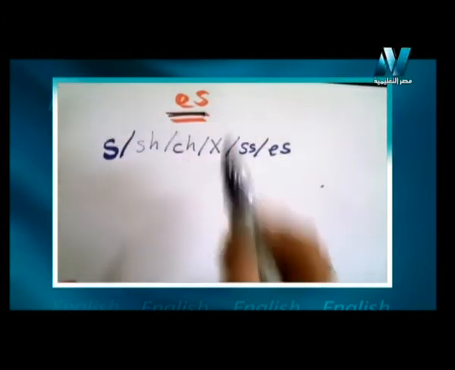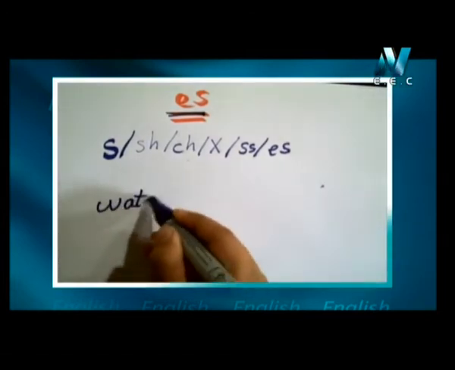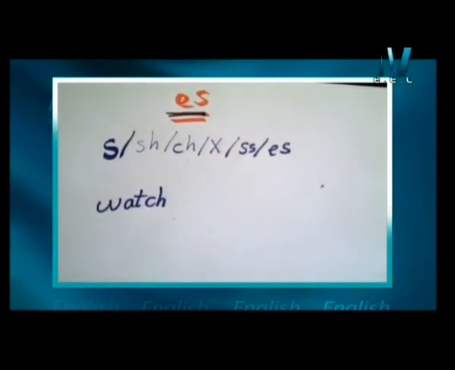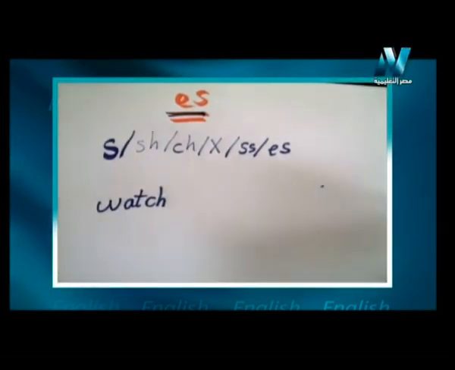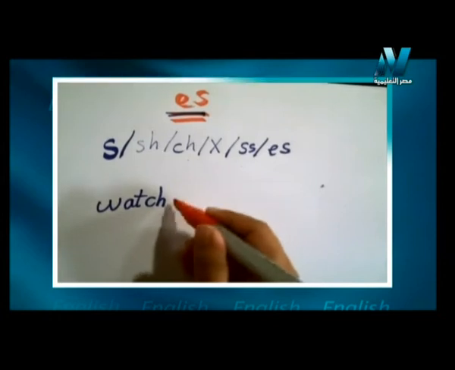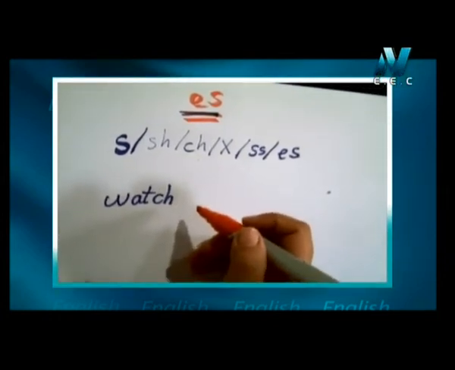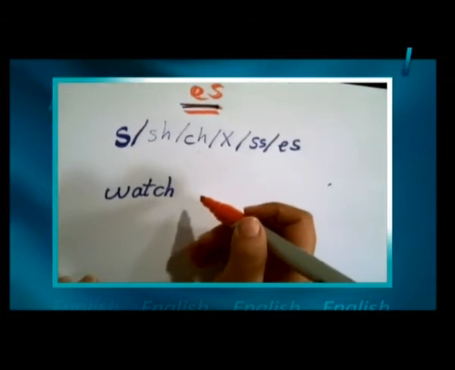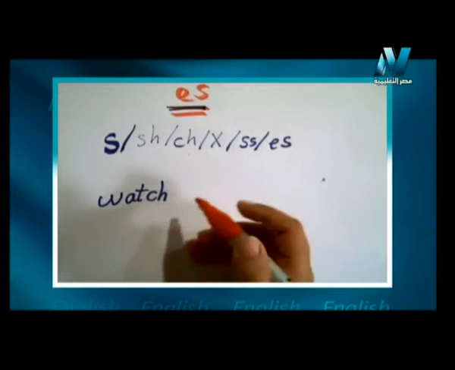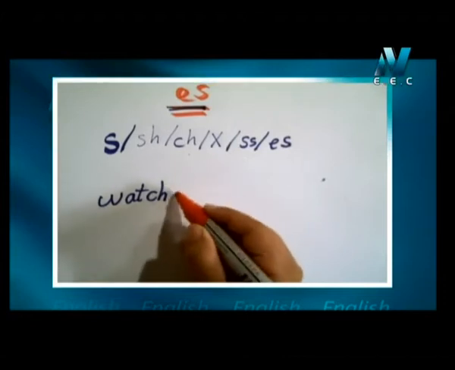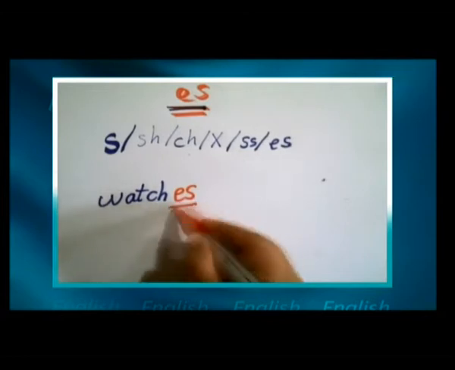Let's have an example. For example, when I say watch, watch اللي هي ساعة اليد, if I'm going to make a plural form, I'm going to add S or ES. I'm going to put ES. It's going to be watches.